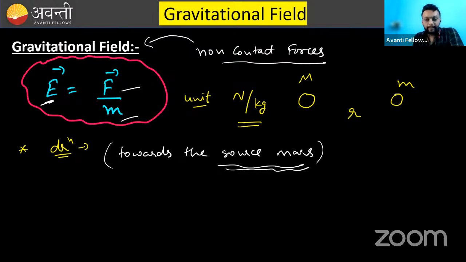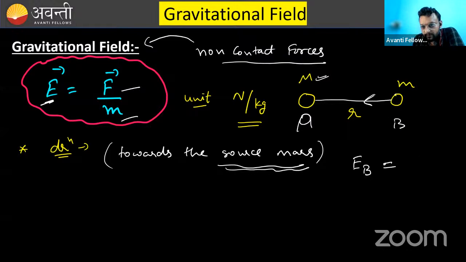For example, let's suppose this is the source mass O, this is A and this is B. You want to find the direction of the field at B. Who is creating this field? This M is creating the field. Then the direction of the field will be towards the mass, that means B to A.